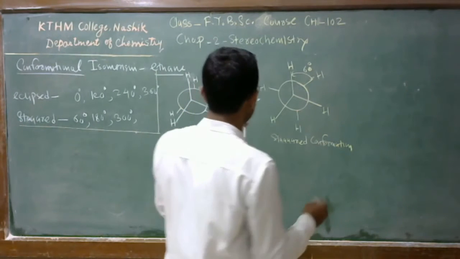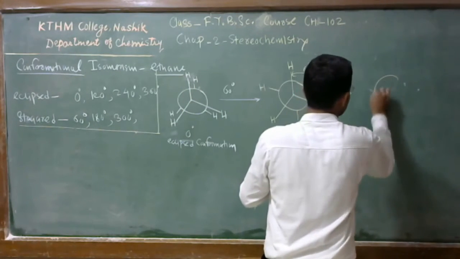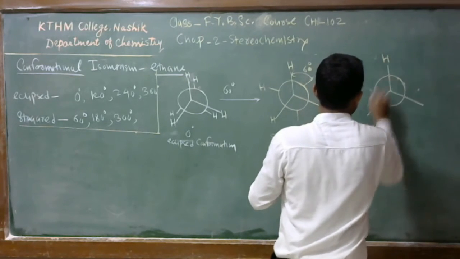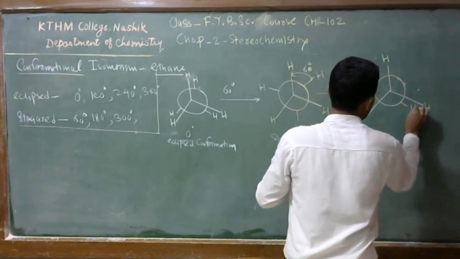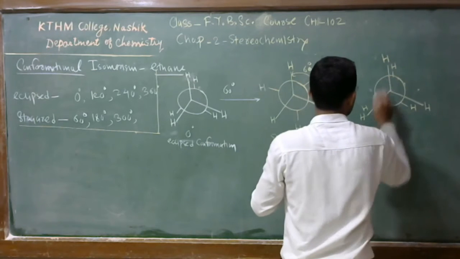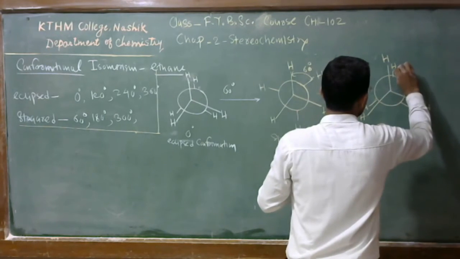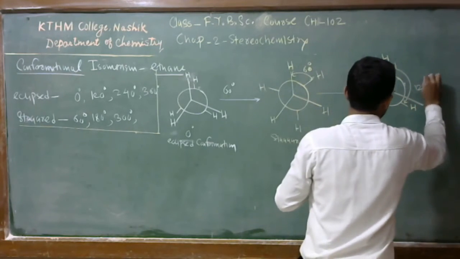Again, if you rotate by angle 60, it is overall 120. Like this, the rear carbon hydrogens we can show like this. So this hydrogen comes to this position by angle 120.